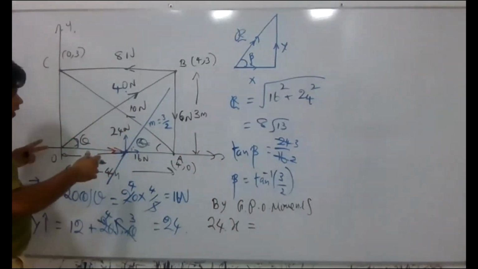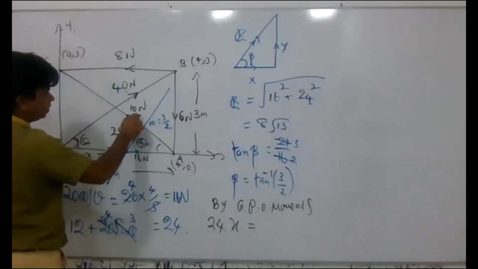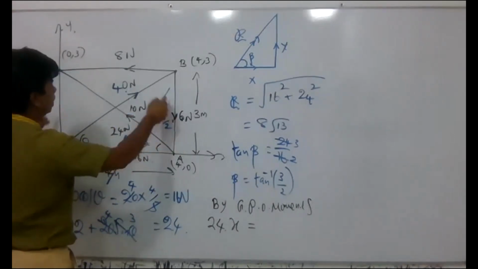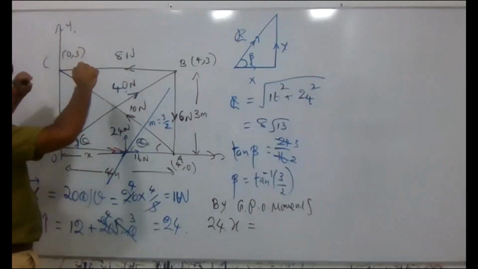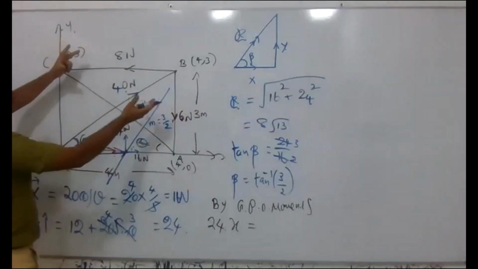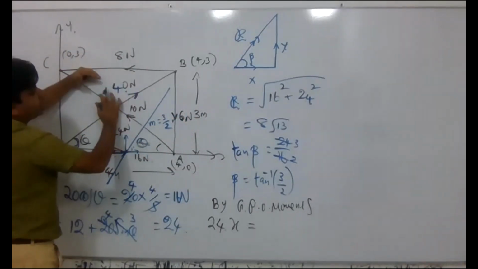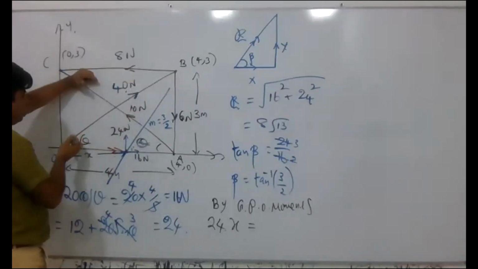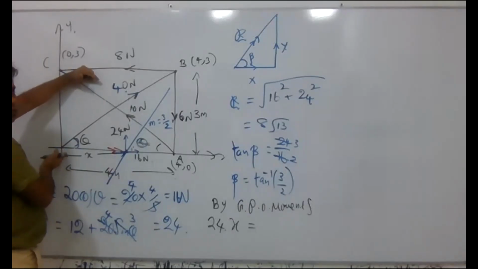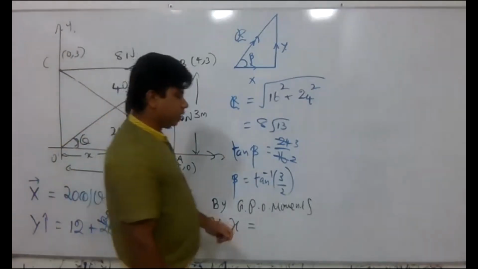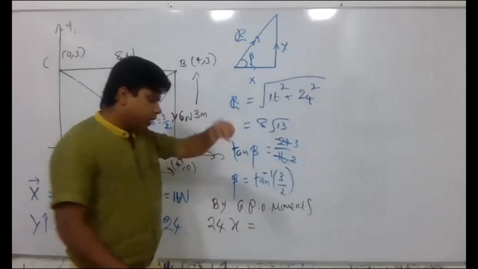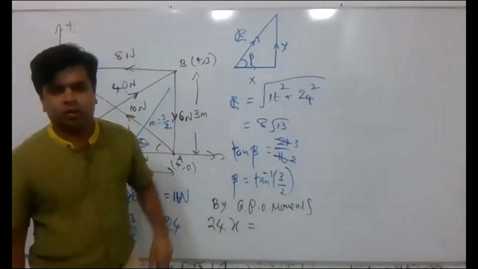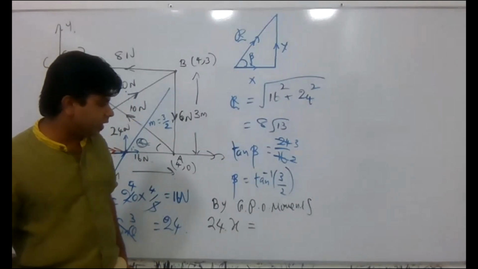Moment by each force means we have a moment by this 10 Newton, by this 6 Newton, by this 8 Newton. Whatever amount is increased by this force doesn't involve the algebraic sum of the moment by each force. So there is no moment by this 40 Newton about O. Therefore the earlier 24 still comes in there.